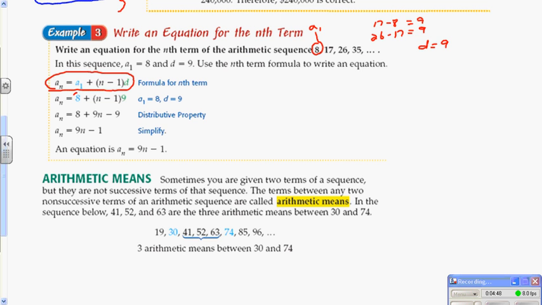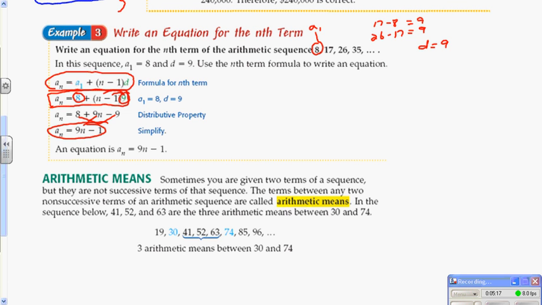So they plug in the 8, and they plug in the 9, and that's good enough. But what they would do next is simplify. Actually, this is good. If you want to simplify it down, you distribute the 9, combine like terms, and we get this more efficient equation.